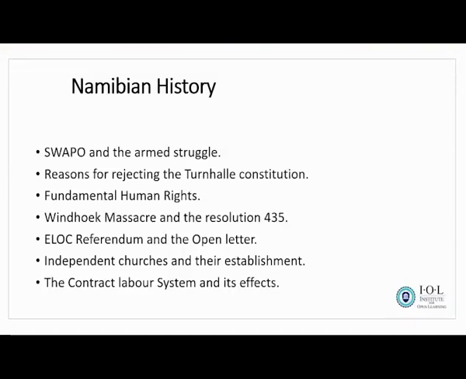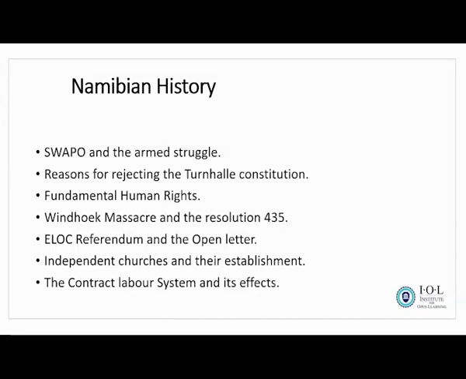So in Namibian history, you are now expected to know SWAPO. Know that SWAPO is an abbreviation that stands for Southwest African People's Organization, and how it got itself involved in an armed struggle.